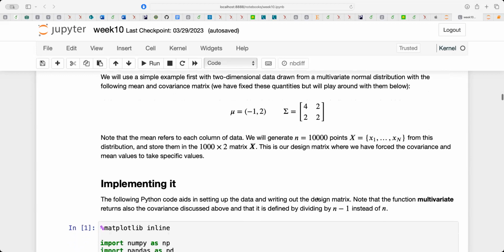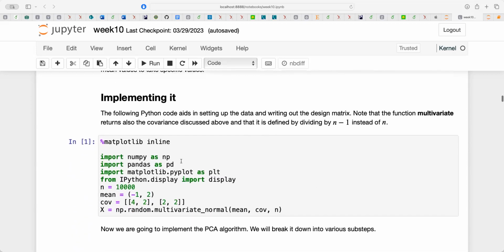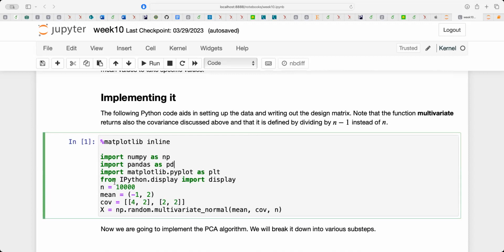And then when I'm doing this, you can see this is essentially what I'm doing. I have a set of data points. I am forcing this to be a multivariate normal distribution where I have two features, and I force it to have this mean value and this covariance.